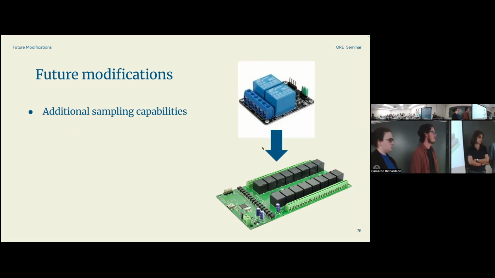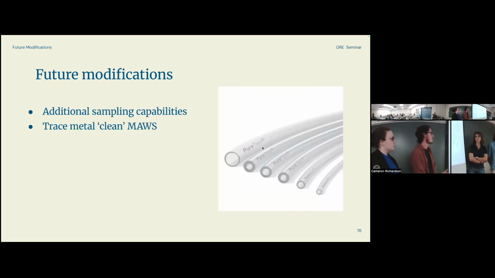And I'm sure you saw earlier that we have 8 penetrator caps, which means we can have 8 different samples. So we just have to increase the relay board to have more channels, which is a pretty easy plug and play. And then also, as Kaya said, we'd like to make this a trace metal clean sampler because one of our collaborators did identify that this was crucial for their research.